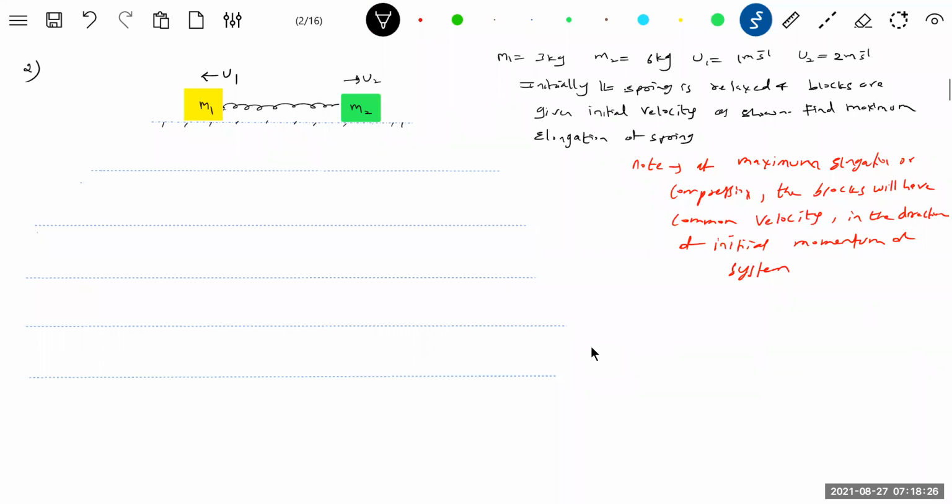Now first, what actually happens? The blocks will go like this. This I'll call VB, this is block B, and this is A. VB1, VA1. What is the state of the spring? The spring will get elongated.